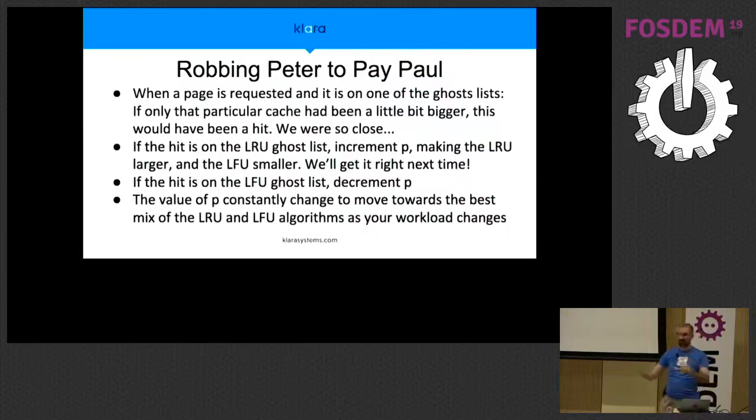Right? By default, we're starting with half recently used and half frequently used. But if we find out the block we just tried to read from the cache used to be on the recently used list, but we had to delete it to make room for something else, we decide that we'll make the MRU, the most recently used cache, slightly bigger, stealing some of the space from the frequently used cache.